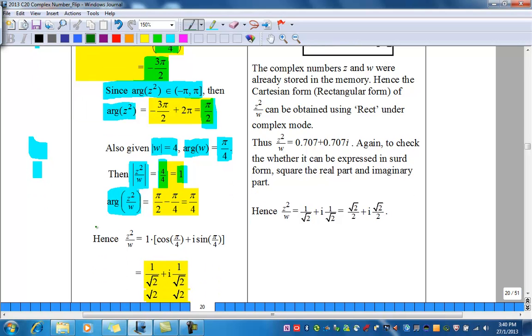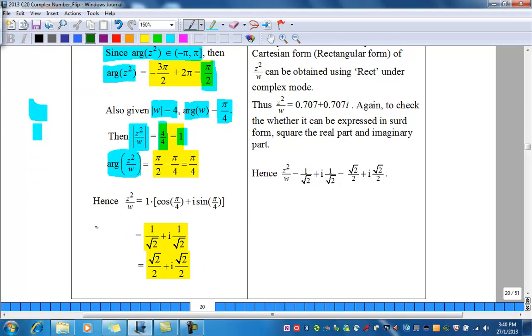Hence, z squared over w is equal to 1 times cos of pi over 4 plus i sine pi over 4. But cos of pi over 4 has value 1 over root 2, sine has the value 1 over root 2 as well.